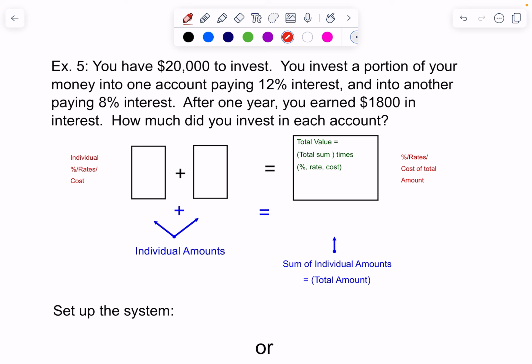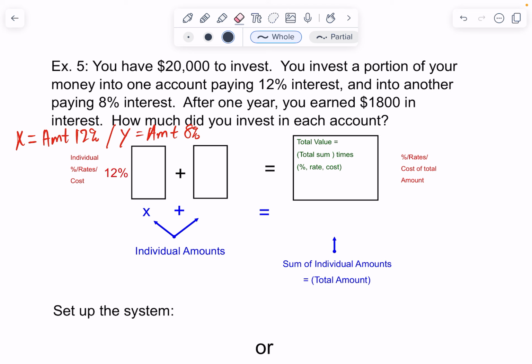Me personally, I'm going to call X the amount that you put into the 12%, and I'm going to call Y the amount you invested in the 8%. So please remember, you have an X amount at 12%, giving me a value of 0.12x.